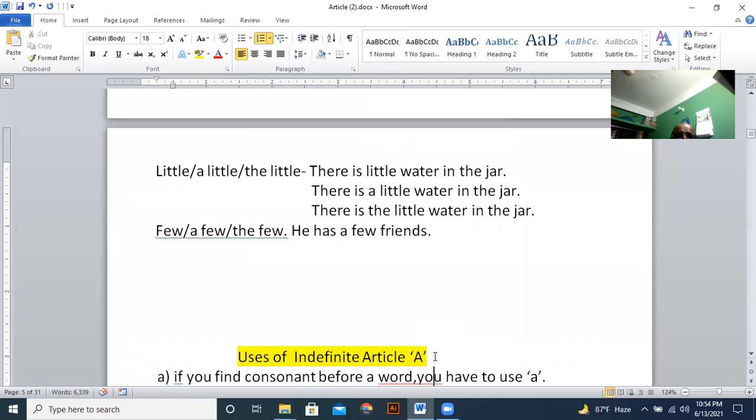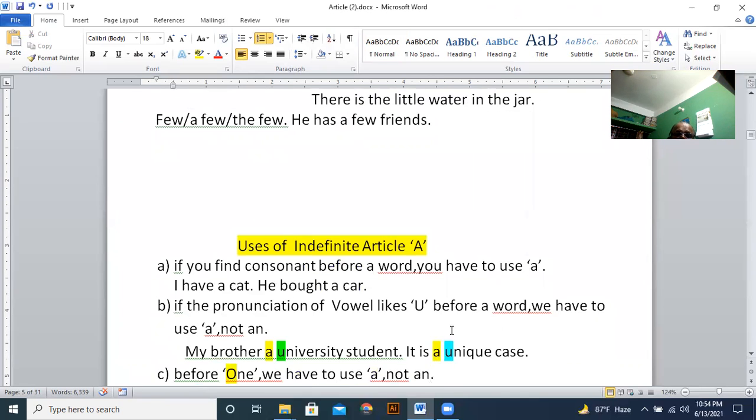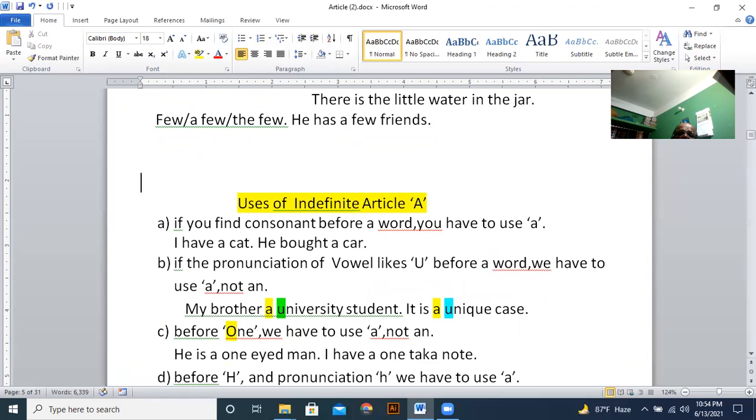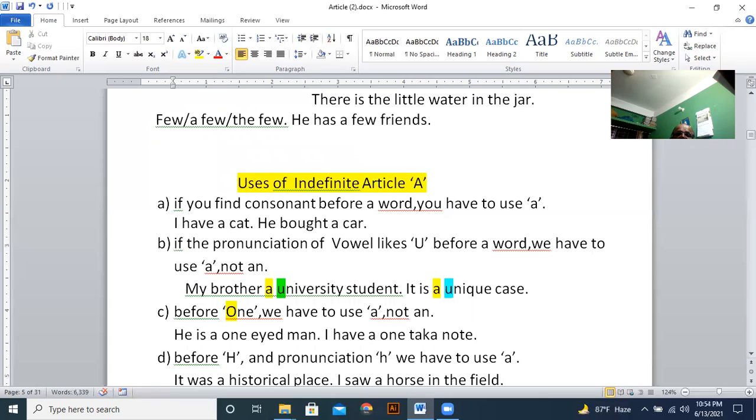Now look, how to use the indefinite article a. In the previous class I discussed it, but again I will discuss it.